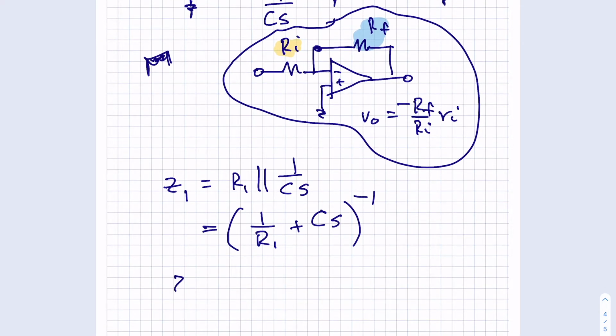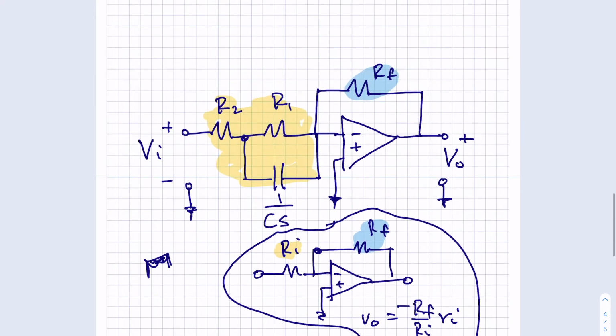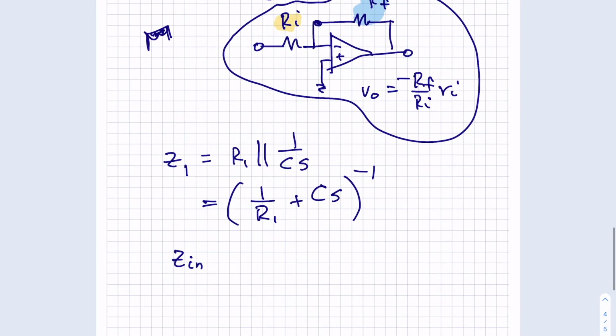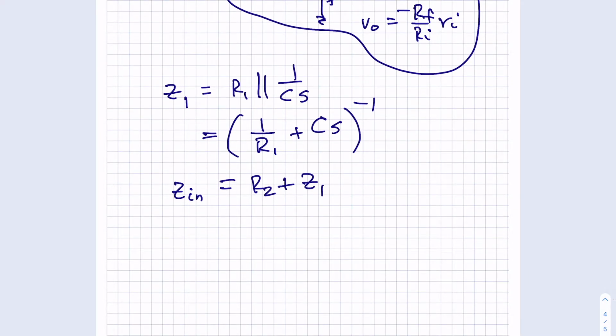And so I could get Z input, the whole yellow thing put together, because R2 is in series with Z1. Because it's in series, it'd be R2 plus Z1. Essentially, now we've got it. V out over V in is equal to minus RF divided by Z in. Okay, so that's the transfer function.